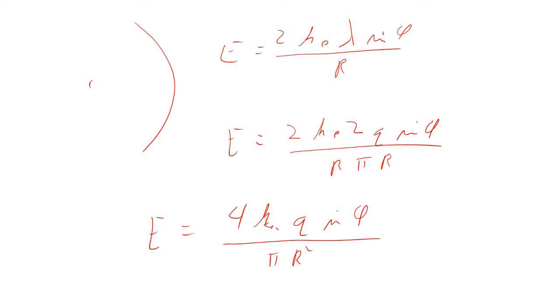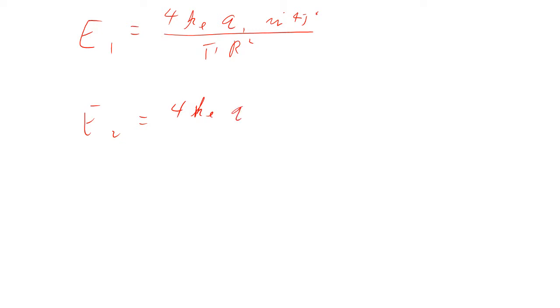So what we have here is that E1 is going to be equal to 4 k sub e q1 sine 45 degrees over pi r squared. E2 is going to be 4 k sub e q2 sine 45 degrees over pi r squared.